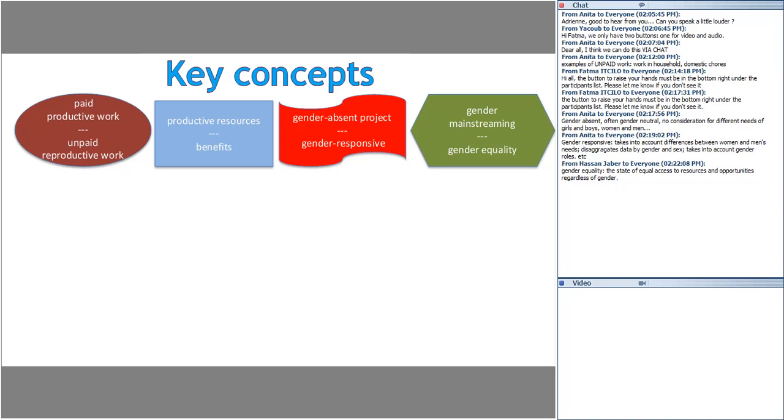Perfect. Thank you, Hassan. Gender equality in the world of work is very simply, just like Hassan said, equal access to and equal opportunities and treatment in the world of work. It's really simple.